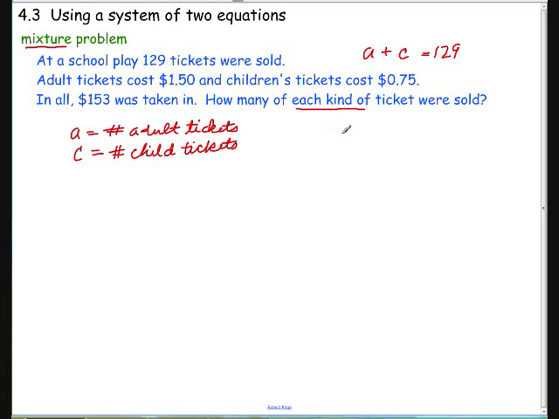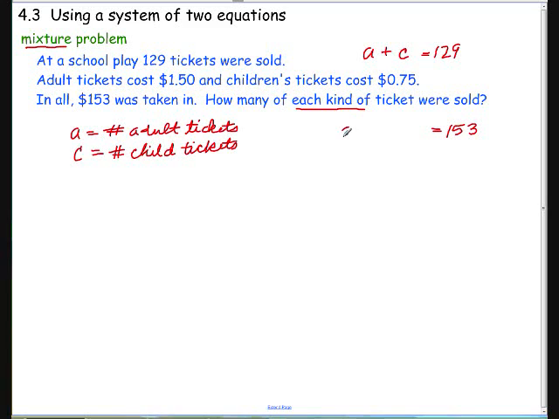We're told that the adult tickets cost $1.50, and the children's tickets are just 75 cents. We also know that the total amount that was brought in at the ticket booth was $153.